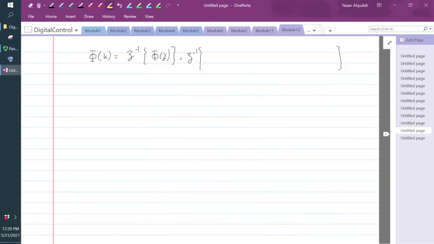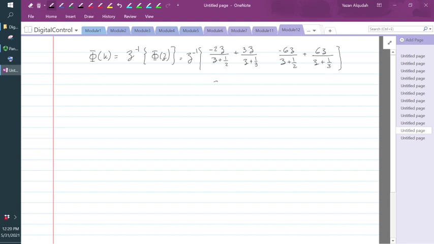So if I do that, I can write this as negative 2z over (z plus 1/2) plus 3z divided by (z plus 1/3), and then I'm going to have negative 6z divided by (z plus 1/2) plus 6 multiplied by z divided by (z plus 1/3).